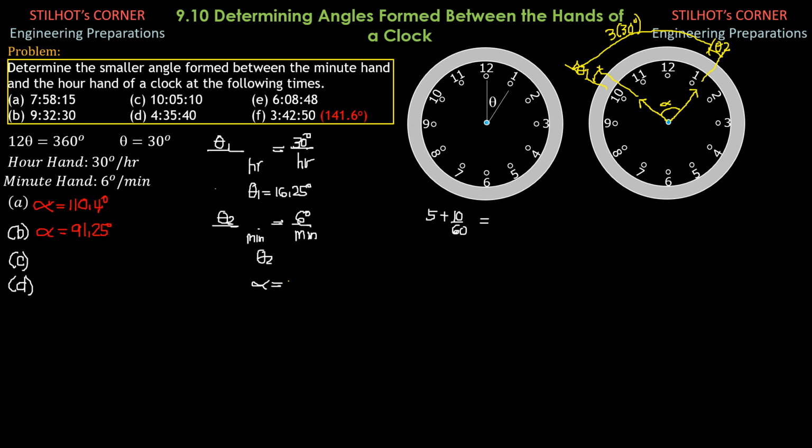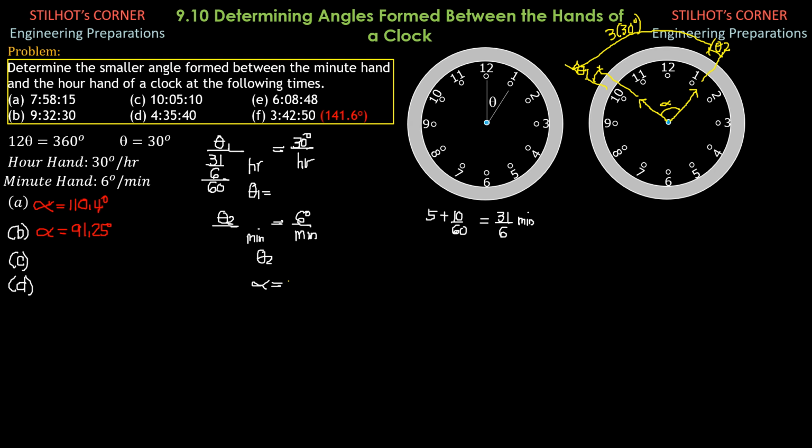So that would be 5 and 1/6, or in fraction, 31 over 6 minutes. To convert that to hour, we divide that further by 60, then from there we can solve for theta 1. So 31 over 6 divided by 60 times 30.